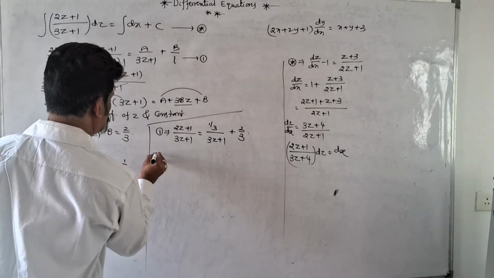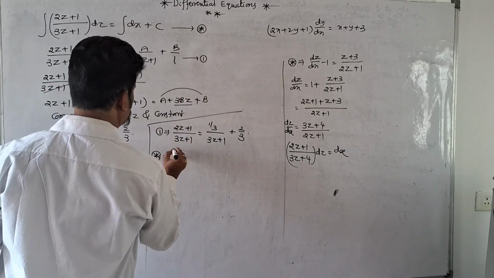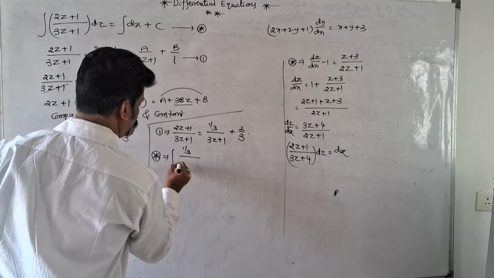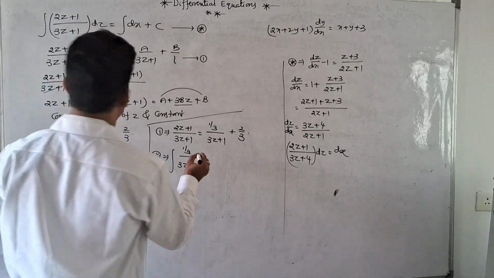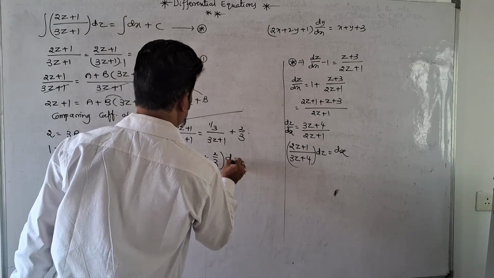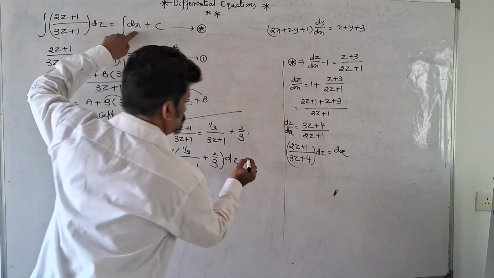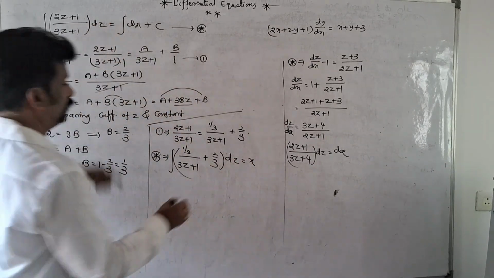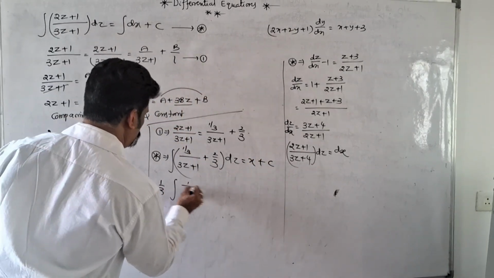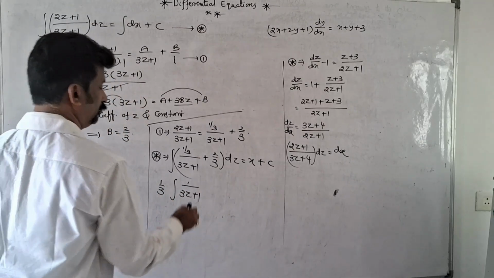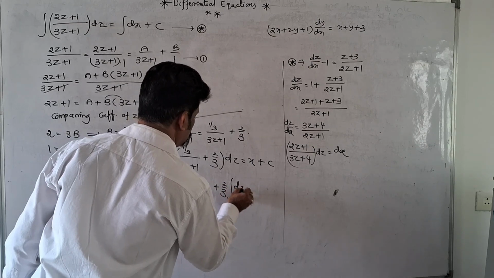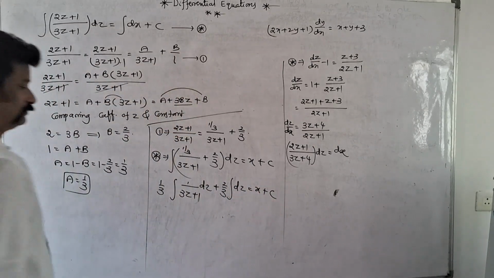Star implies integration of (1/3)/(3z + 1) dz plus 2/3 dz is equal to integration dx, that means x, derivative and integration cancel, x + c. Now this is equal to 1/3 into integration of 1/(3z + 1) dz plus 2/3 integration dz is equal to x + c.